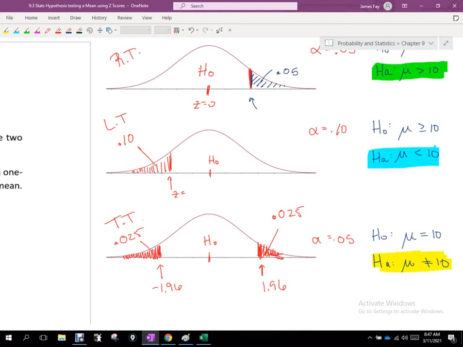So we would reject the null hypothesis. But if we landed in the white, we would say that even though the data suggests that the sample mean is different than the mean established in the null hypothesis, it's not different enough to say that the null hypothesis mean is not true. Does that make sense?